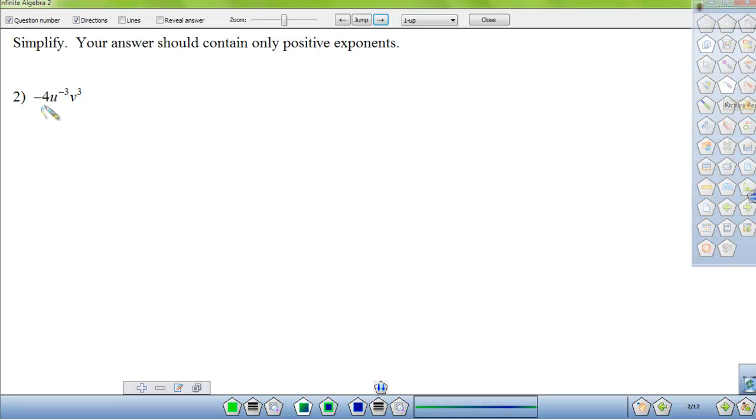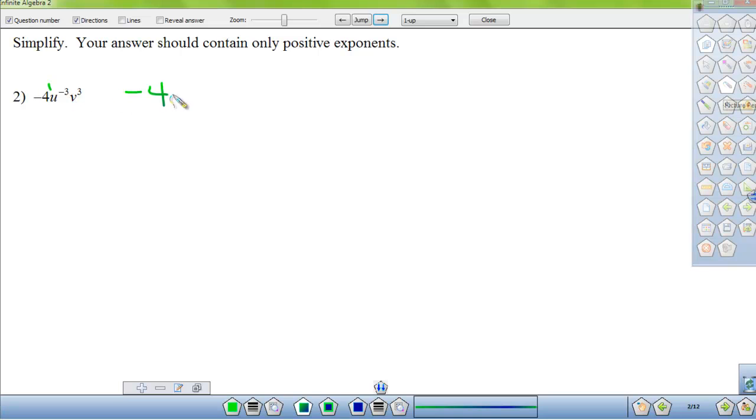All right, on this one we have a negative 4 u to the negative third times v cubed. Now, what I need to point out is that every constant, every numerical value does have an exponent, and it is the 1. And as you can see, there's the 1. It doesn't have to be there, but it is implied, so just keep that in mind. That 1 is positive, so it's going to remain in the numerator.